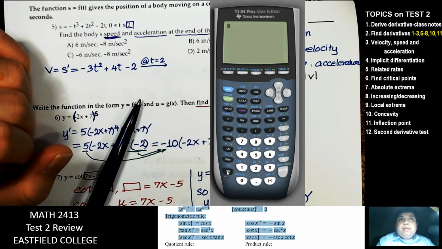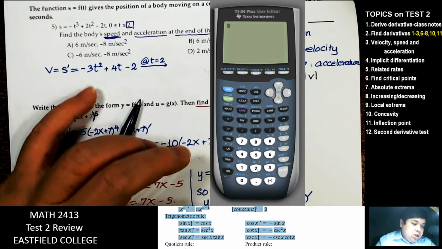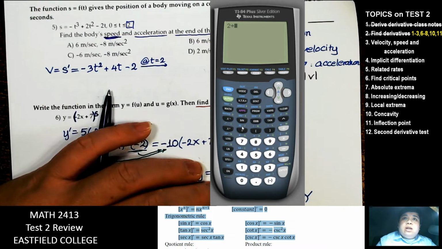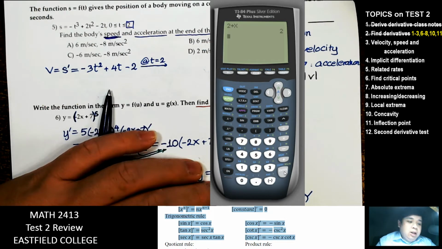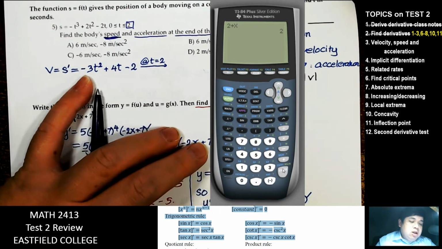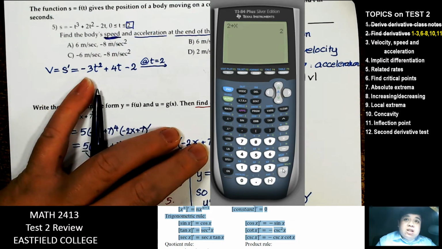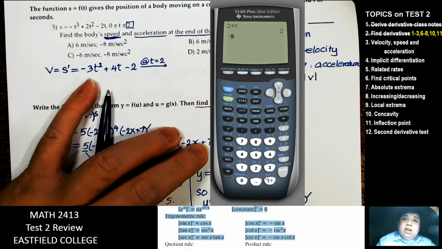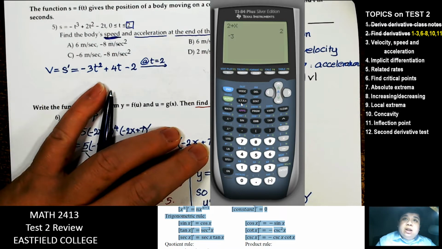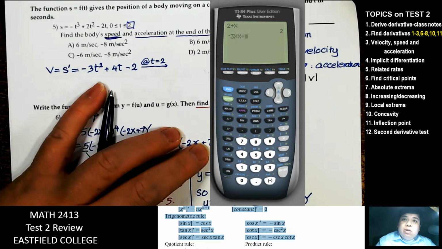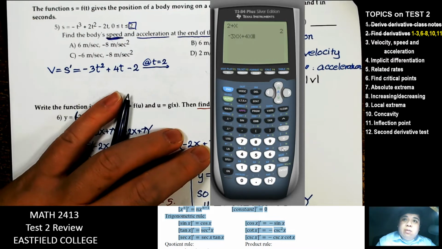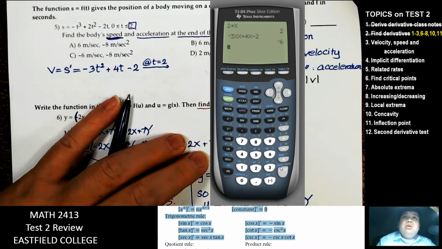Right. So I take 2, store into x, and then I just type this. The reason I use x instead of t is because x is just one button to enter. Negative 3 x squared plus 4x minus 2. Much faster to enter that way.